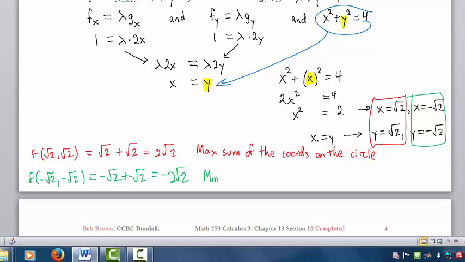Here we have the minimum sum of x, y coordinate pairs on the circle of radius 2 centered at the origin.